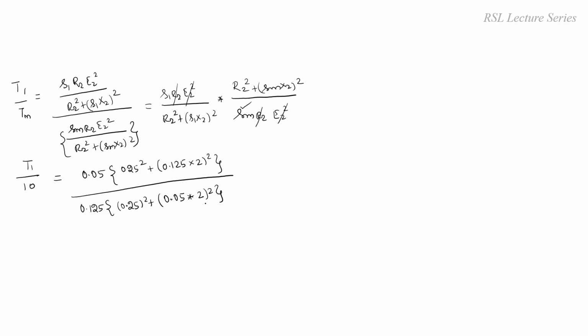Okay, so on simplification we will get 0.05 multiplied by (0.0625 plus 0.0625) whole divided by 0.125 multiplied by (0.0625 plus 0.01).